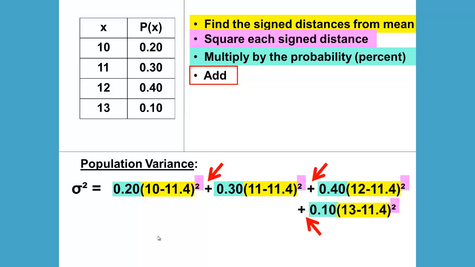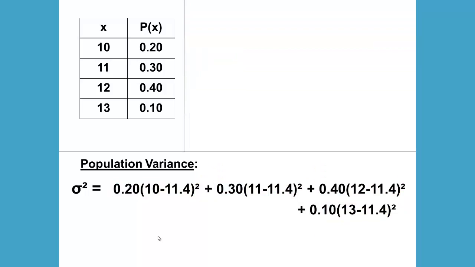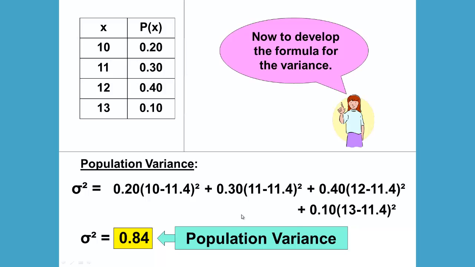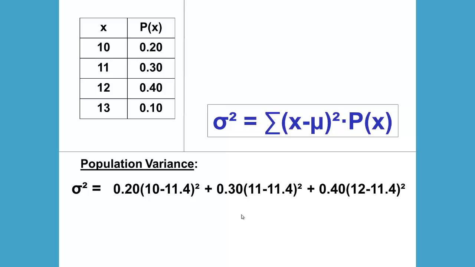That's pointed to there with the red arrows. And that's our 4 steps. Now doing the arithmetic, it gives us that the variance is 0.84. That's our population variance.